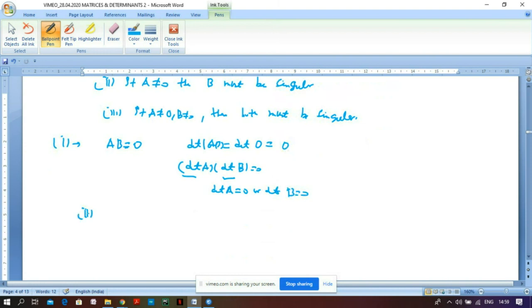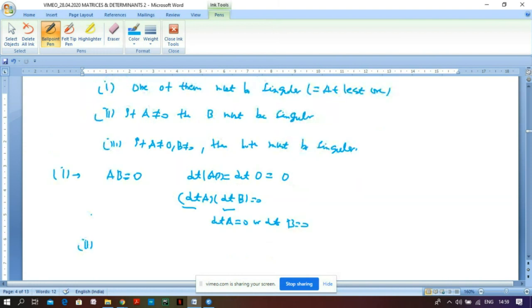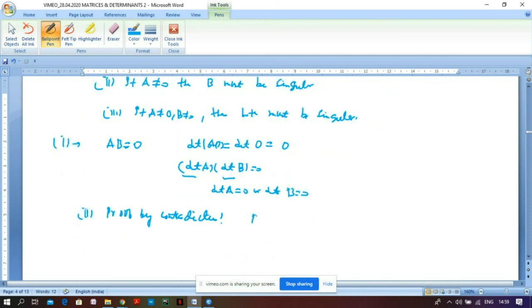Second, we would do well by doing proof by contradiction. In that we assume first something. So if A is not 0, then B must be singular. We negate it. We say that no, let B be non-singular. Assume B is non-singular. That is det B is not 0, non-singular.